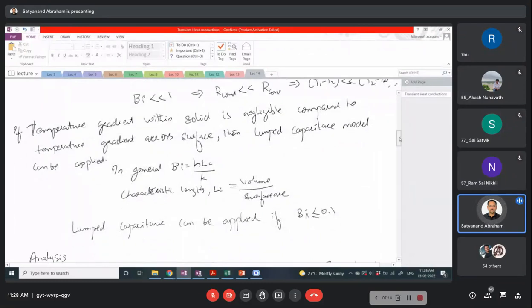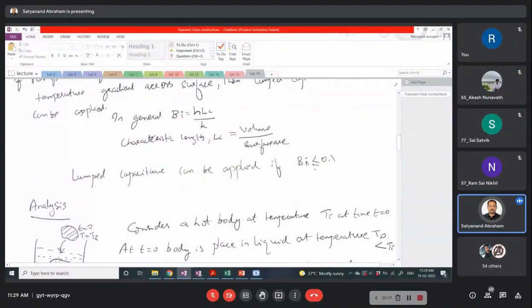Practically, we take the Biot number less than or equal to 0.1, and we can use that. This is not a derived hardcore criterion. If it is less than 0.1, we get decent accuracy. If you want very accurate results, you can use it only if the Biot number is less than 0.01.